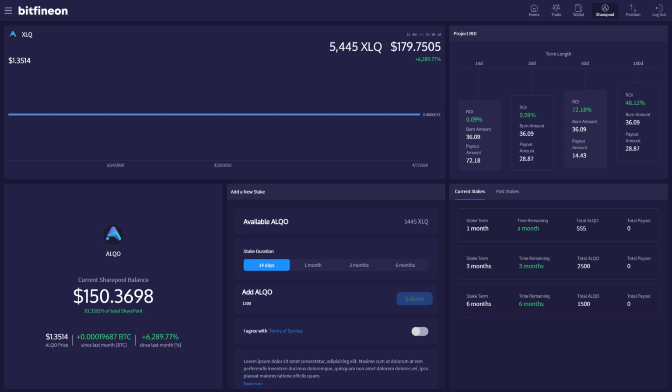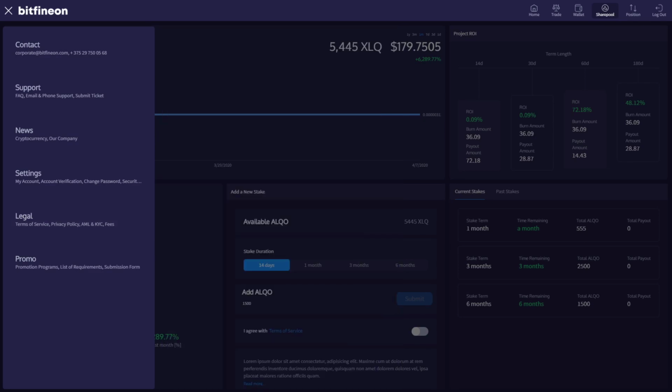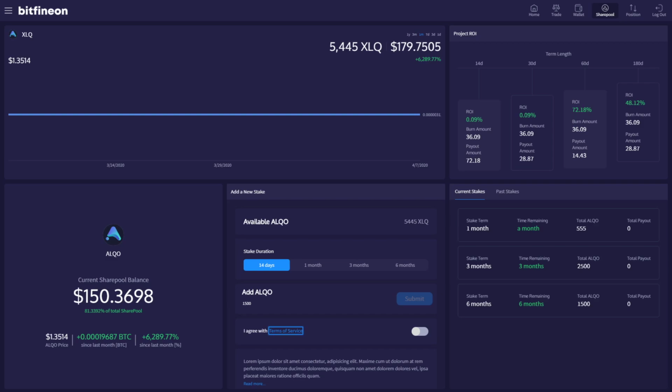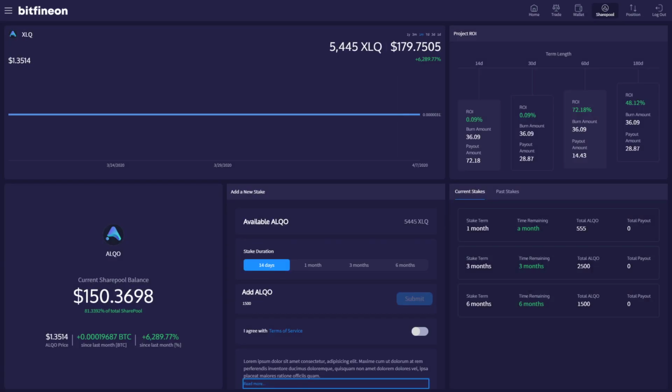So the share pool page and backend stuff is 99.9% completed. We've got to update the legalese for the terms of service, since right now it's just placeholder text. And down here we have some Latin text for an overview disclosure. But I think this came out really well.